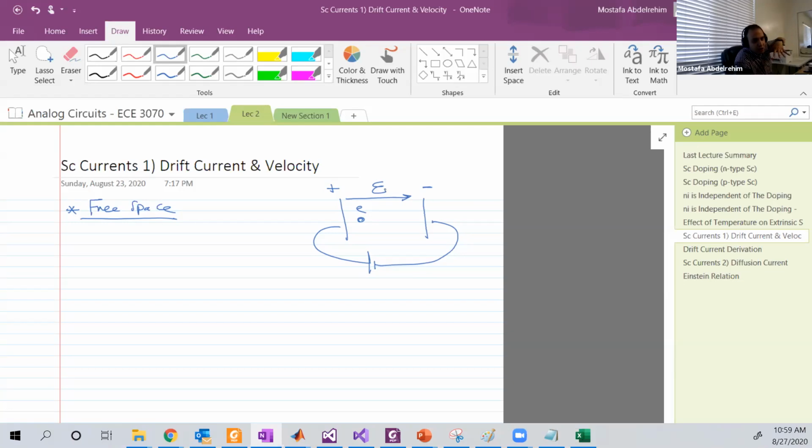So E in our course is for energy. The field is epsilon, big epsilon. So if you have a potential, a voltage, positive and negative, you will have an electric field like this. The electric field always comes out of the positive plate and goes into the negative plate. So it's always going from positive to negative.